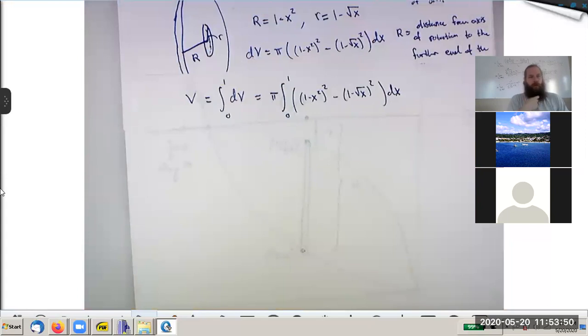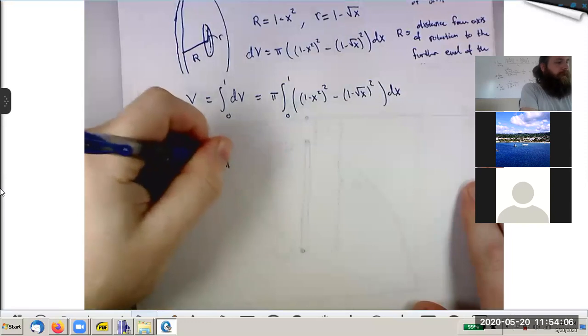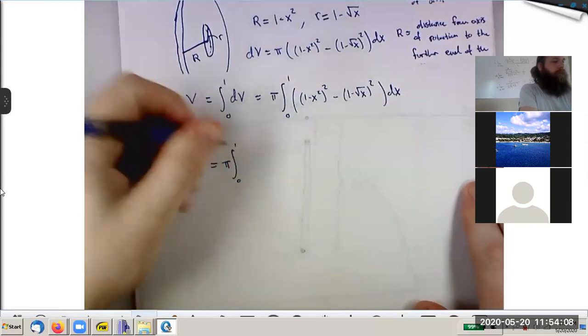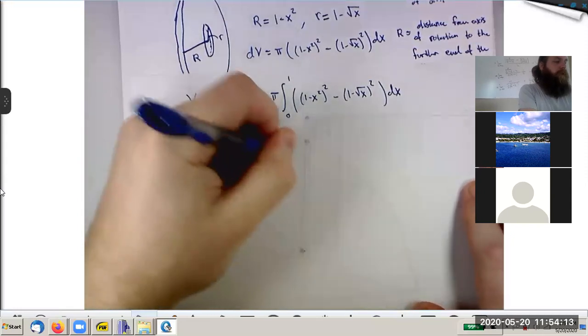We have to FOIL both of those out, combine any like terms, and then we'll be able to compute the integral. So pi times the integral from 0 to 1 of 1 minus 2x squared plus x to the 4.